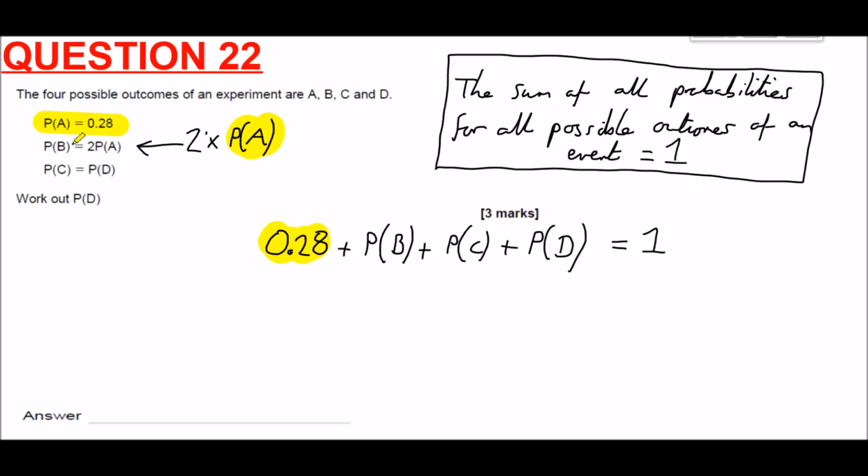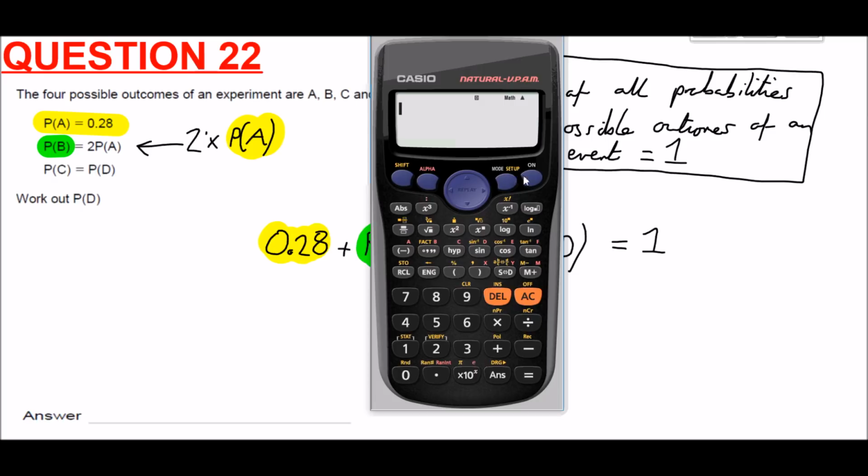But the probability of B, we can work this out directly now, because 2 lots of the probability of A, we know the probability of A is. So the probability of B is just double 0.28. So 2 multiplied by 0.28 would give us 0.56.